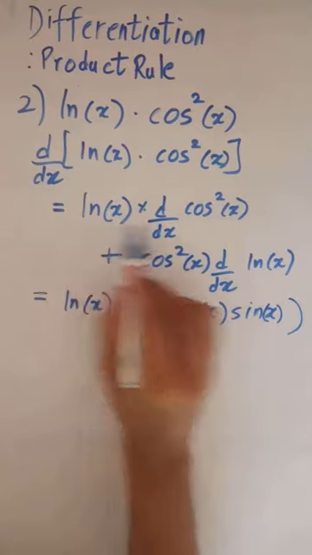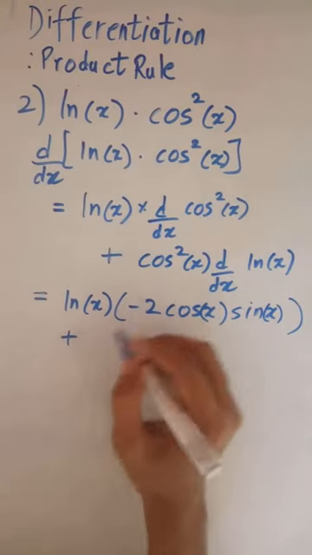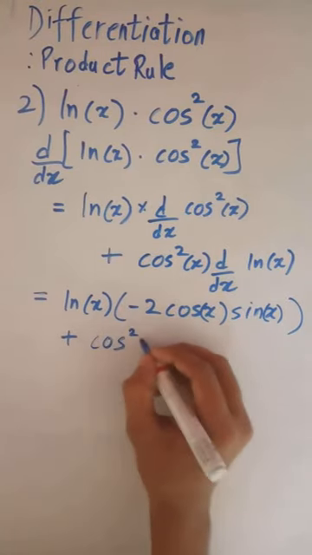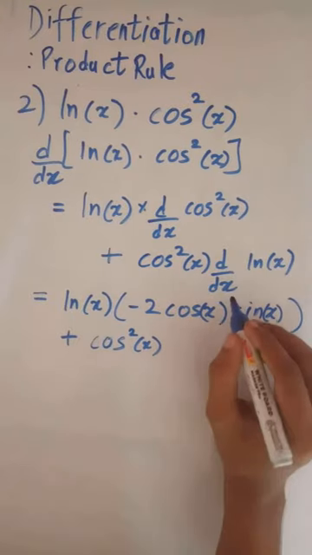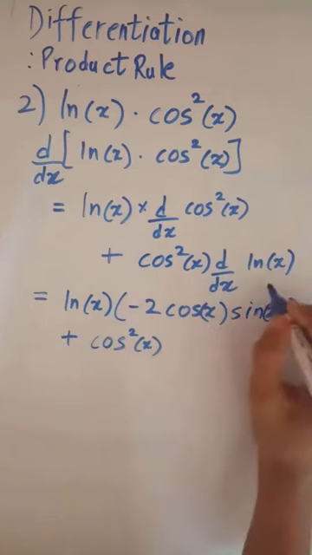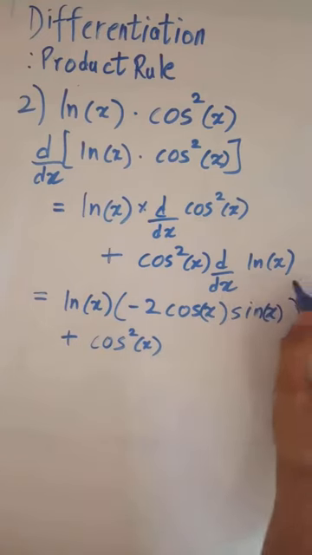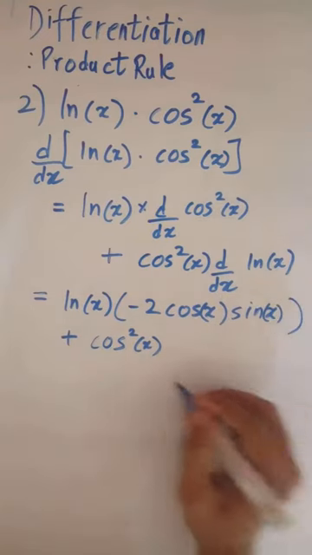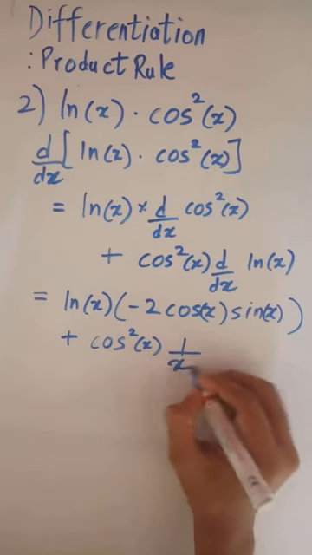So that is this first part, plus I can write down cos square x multiplied by the derivative of the natural log of x. The derivative of the natural log will just be, as I mentioned earlier, 1 upon x.